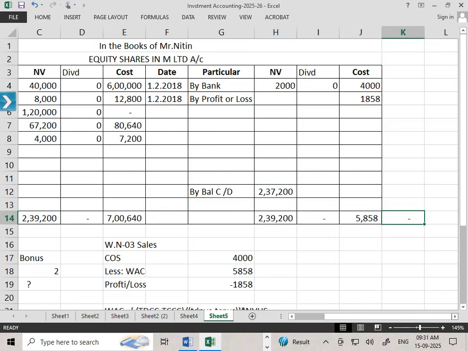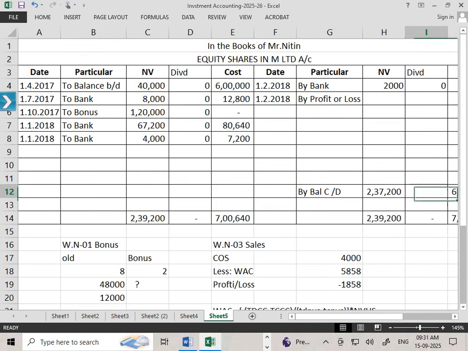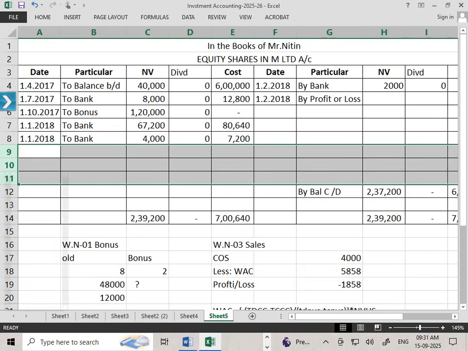By balance c/d. And here 6,94,782. And that is the end of year, with dividend 0 because no dividend is there, and that is the end of your solution.